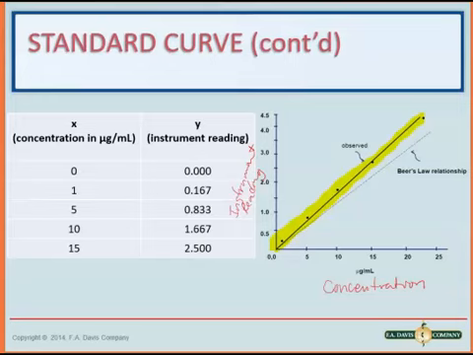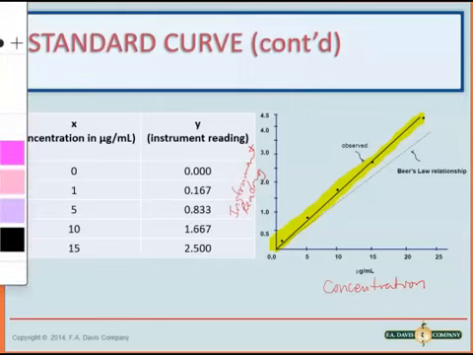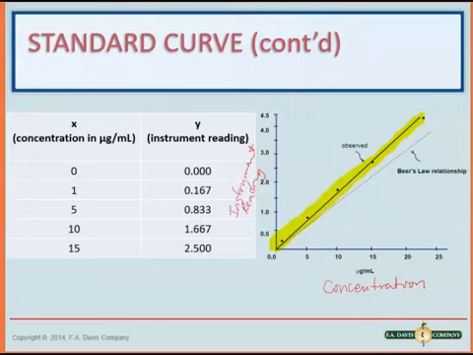You've got to have 3 points to establish a line, but each one of your points along your standard curve, the very first one is at your origin, or your 0 for your y and 0 for your x. The next point along your standard curve is at the 1 concentration and at 0.67, so that's right here.